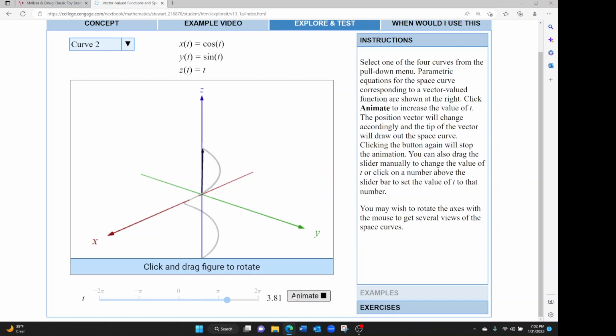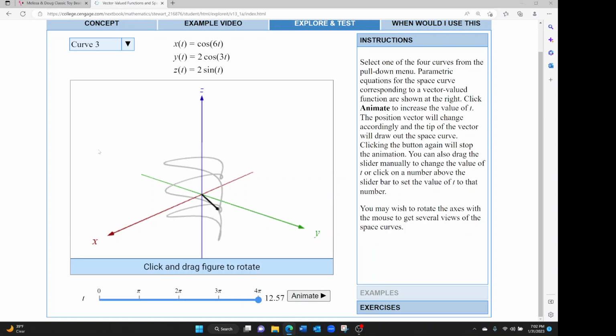So that one kind of snakes around there. And let's do curve 3. Why not? You can go and look at these if you like. And you can move this bar yourself at any speed that you want. Well, that one's pretty wild, huh? Or you can push animate and have it draw it.